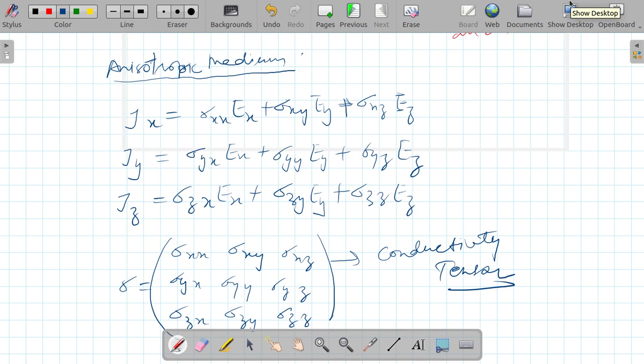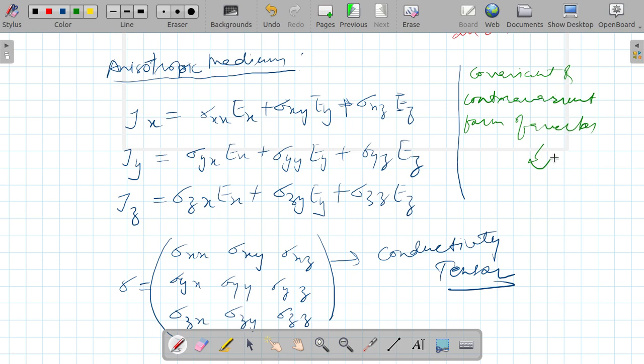Now, as I expressed the vectors in covariant and contravariant form, where I used the idea of partial derivative, in a similar fashion I can express a tensor in the form of partial derivatives.